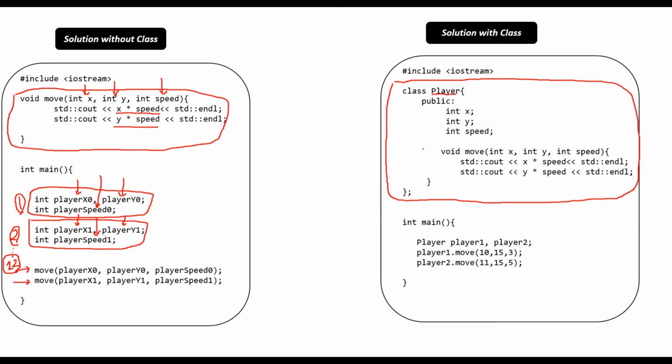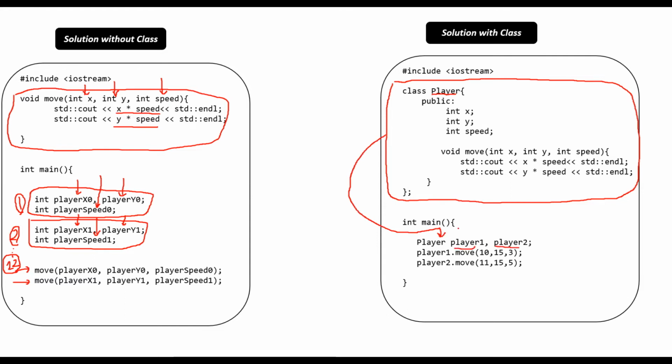and inside the class we have x, y, speed, and also the movement function. So the beauty of the class is here. I can create an object of the class with no limitation.